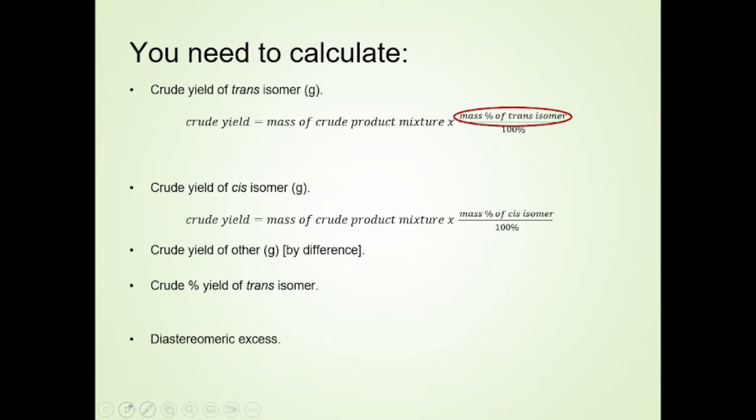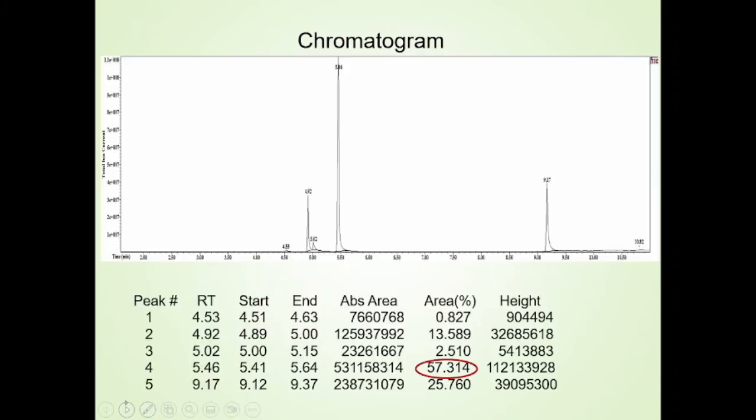You've got more than two peaks. You definitely have more than just two alkenes. And so you need to determine what portion of that is actually alkenes and what portion is specifically trans alkene versus cis. And so this is where the mass percent from the chromatogram comes in.